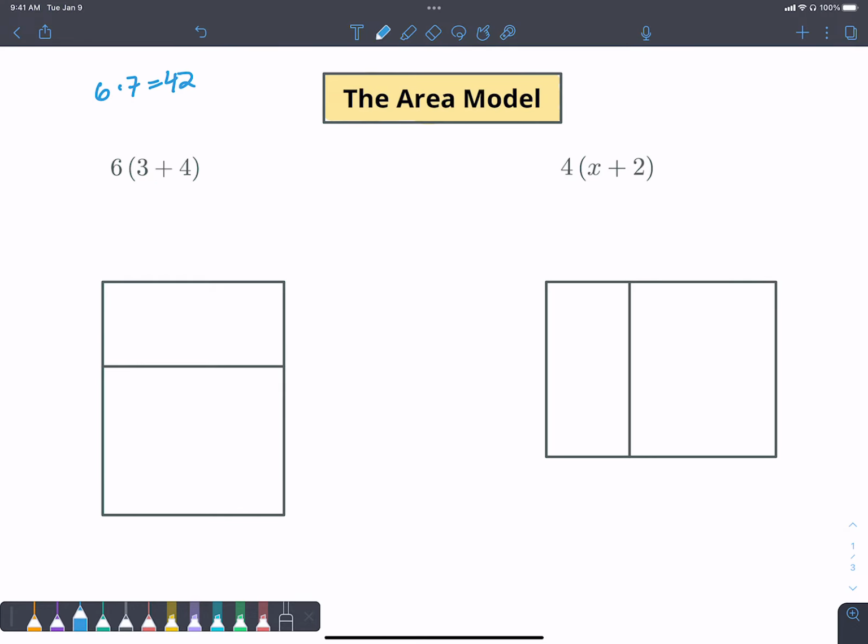One way we could do it is to take 6 times 3, and then add 6 times 4. That will also be a method for multiplying these things together. So that would be 18 plus 24, which gives us a value also of 42.